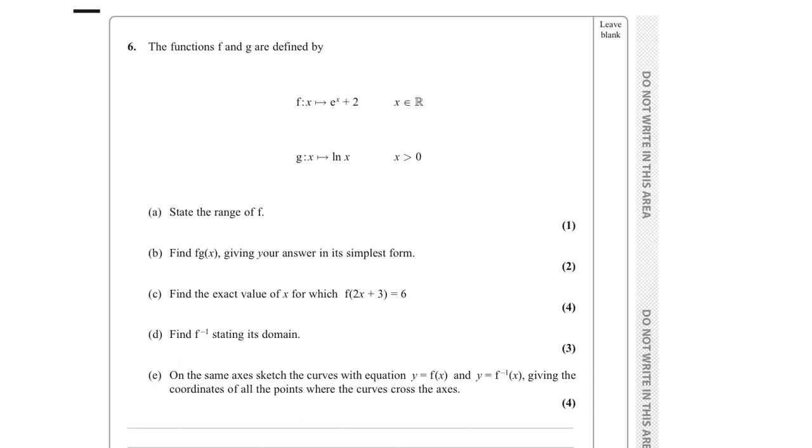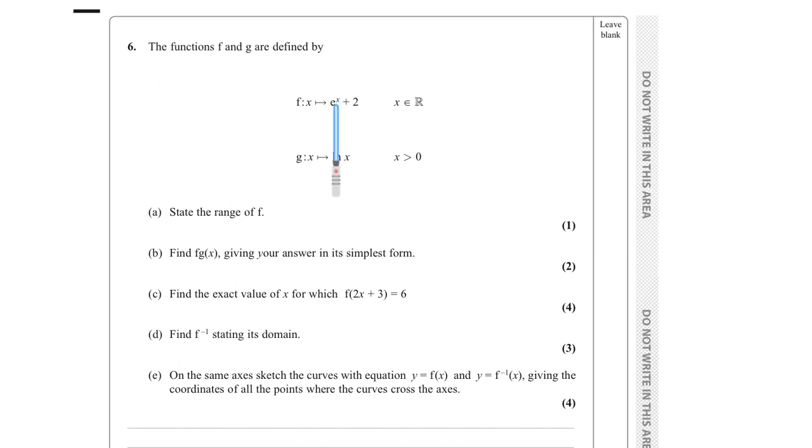So the function f of x is e to the x plus 2 and g of x is ln of x. It says state the range of f. So the range of f means my y. So if I substitute in x equals 0, what do I get?